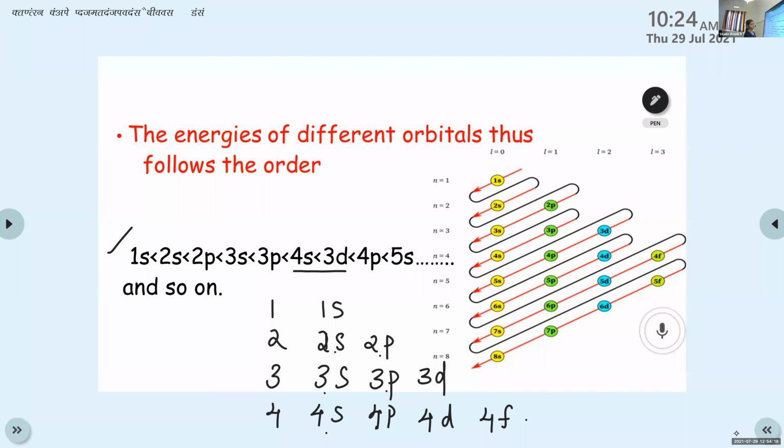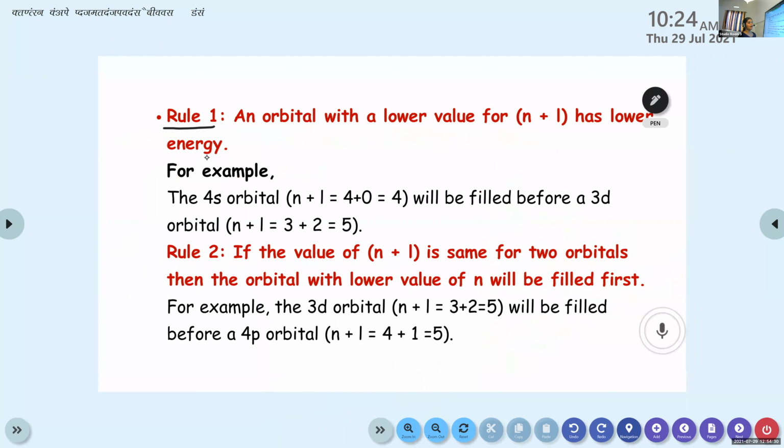Rule 1: an orbital with a lower value for n plus l has lower energy. So we are going to compare this 4s orbital and 3d orbital.